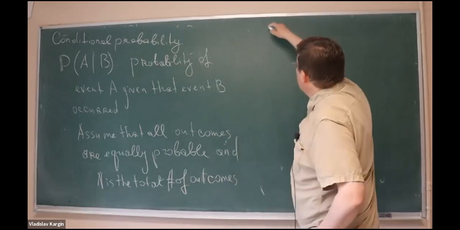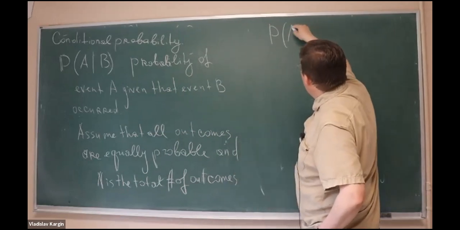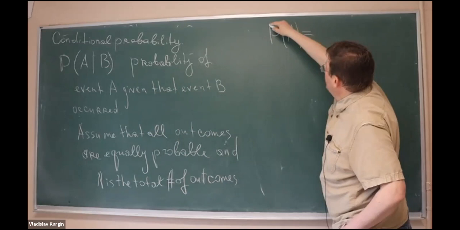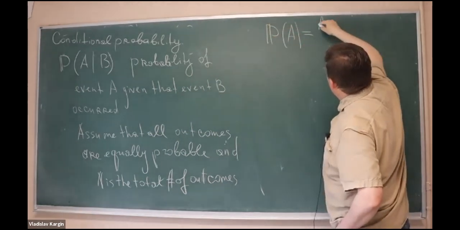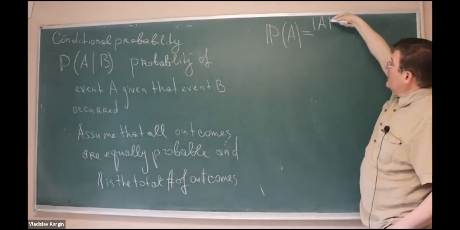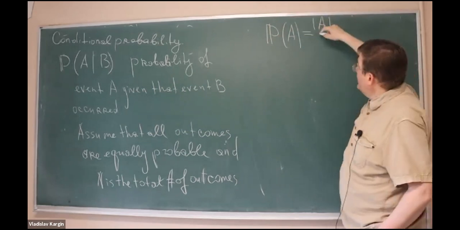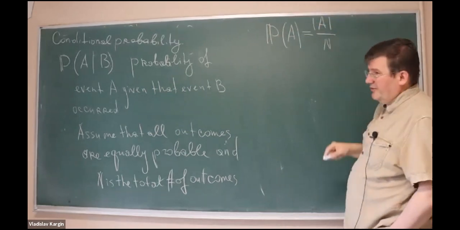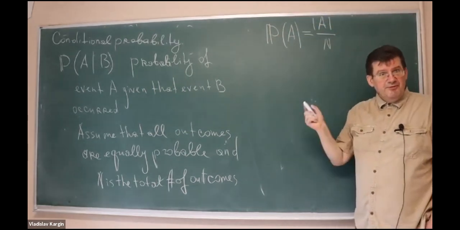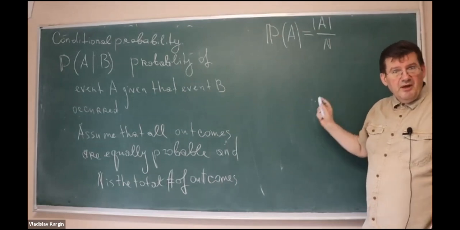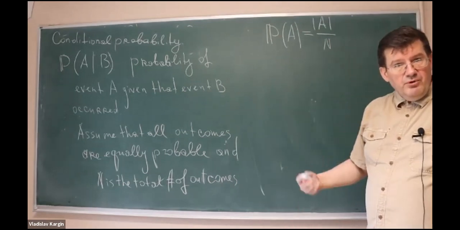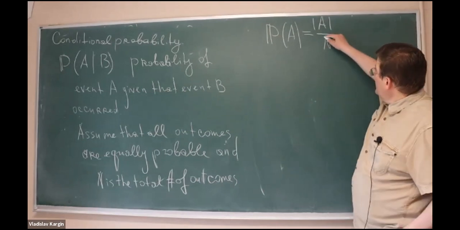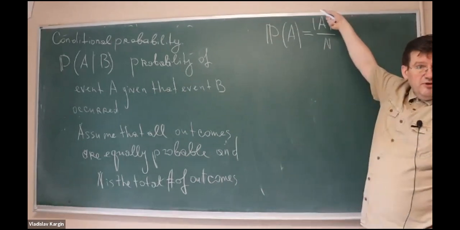And so in this case, you'll have a probability of A equal to the number of outcomes in this event A divided by n. You can keep as an example the full house hand, which we calculated using this formula.